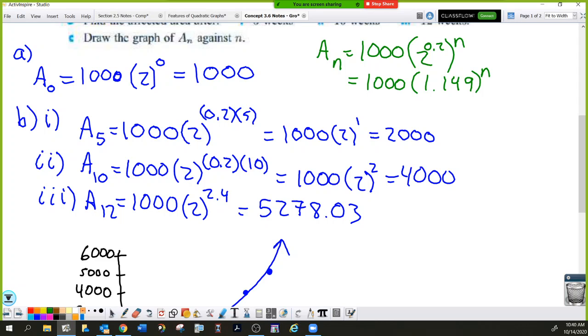So if I was asked from IB, what is the growth rate? R equals 0.149 or 14.9% growth.